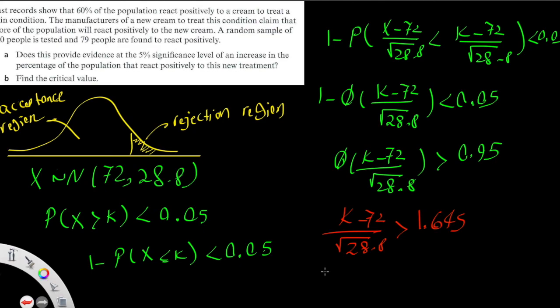After doing cross multiplication, K must be greater than 80.8. So the first integer after 80.8 is 81. So 81 is the critical value.